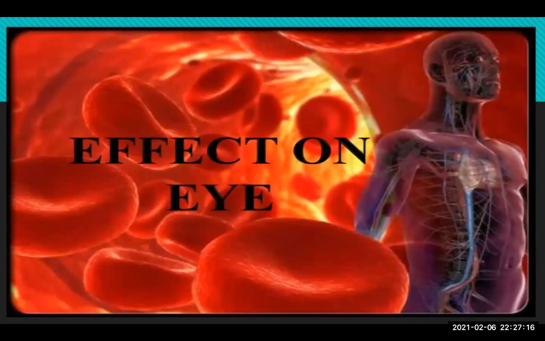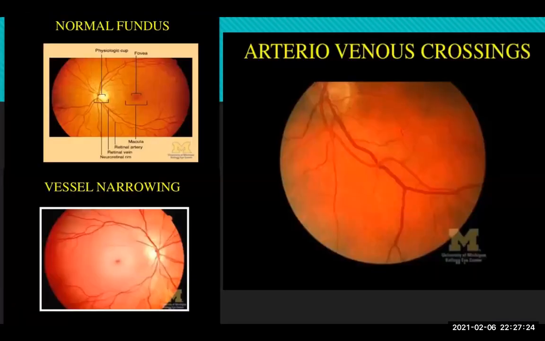So let's go ahead to our topic today, which is the effect of hypertension on the eye. In these photos, you will find the upper left photo for the normal fundus.